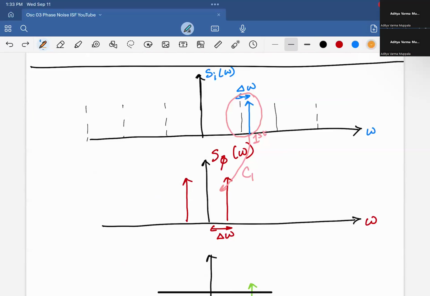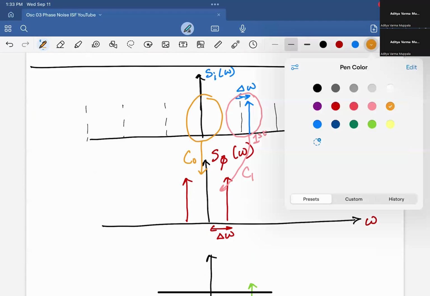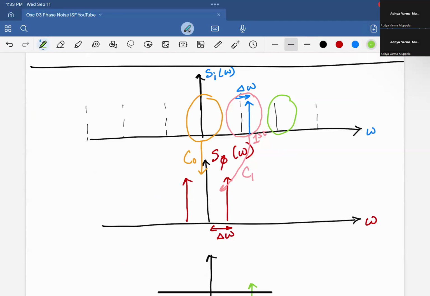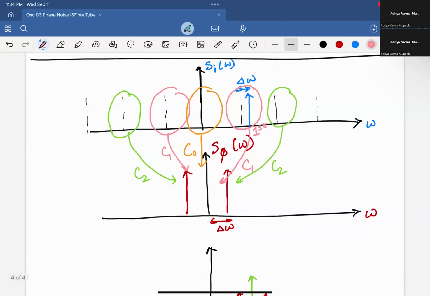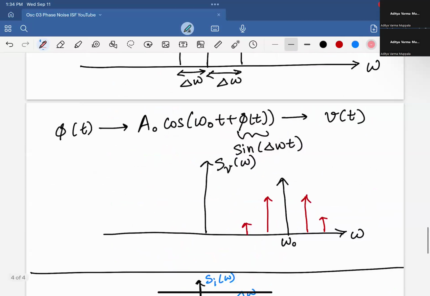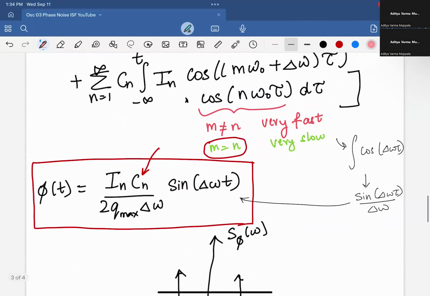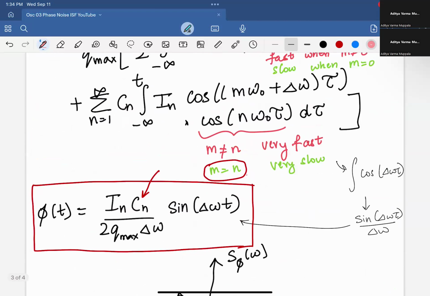Let's use orange maybe. So this is brought down by C0. This is brought down by C2, of course, on both sides. This is by C1, right? So the region around the first harmonic is brought down by the C1 coefficient. Right, because only there m is equal to n.